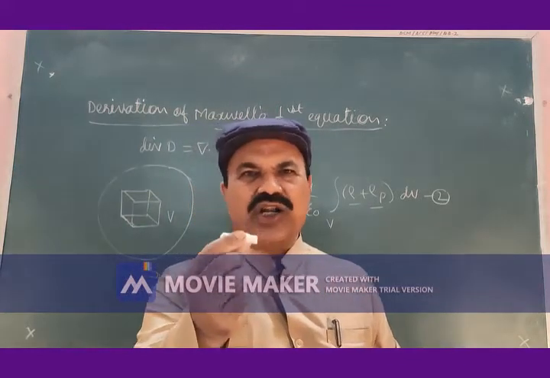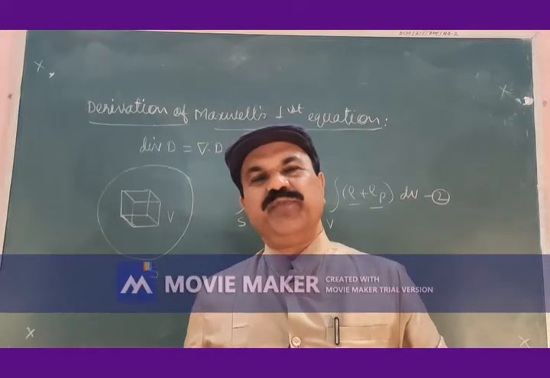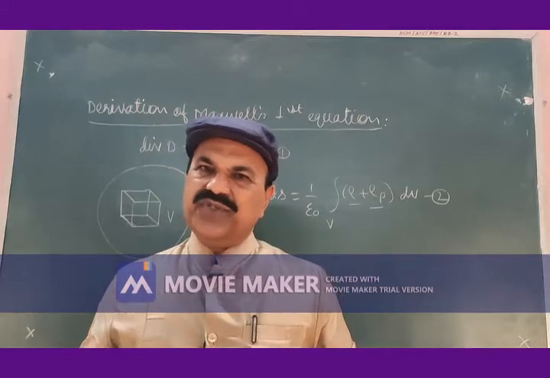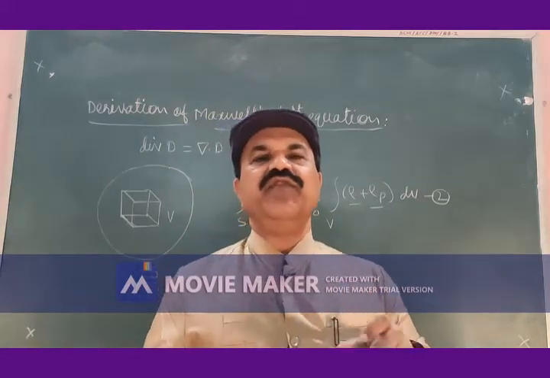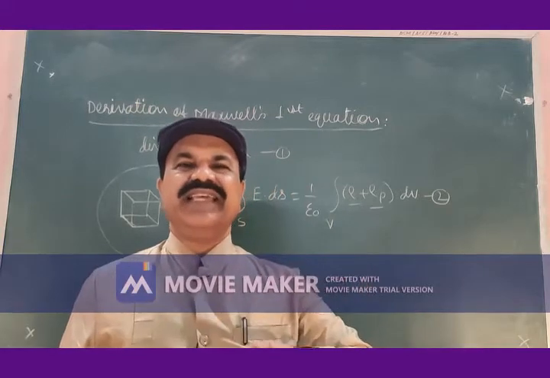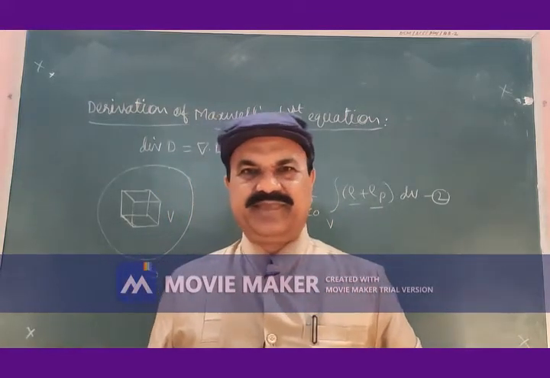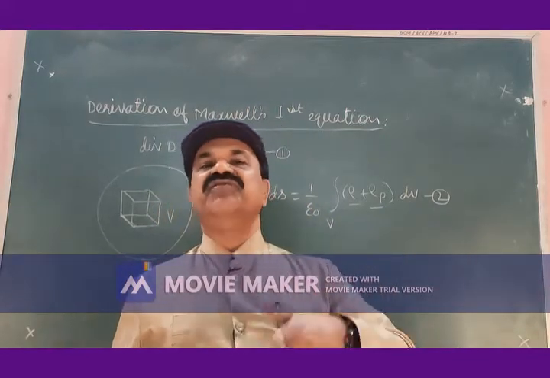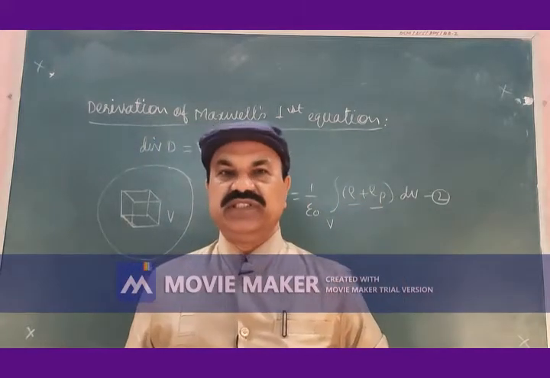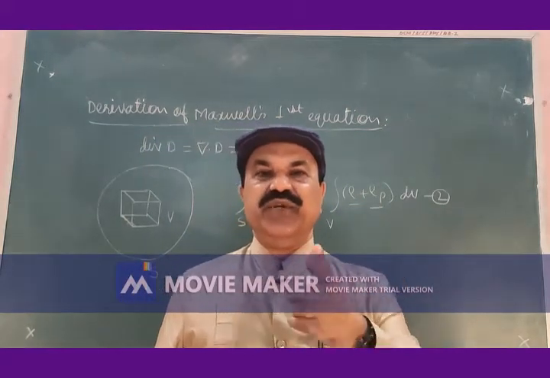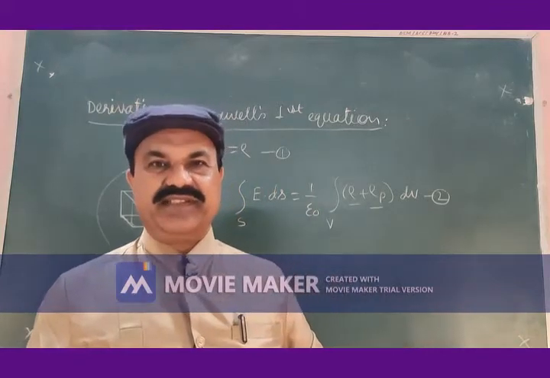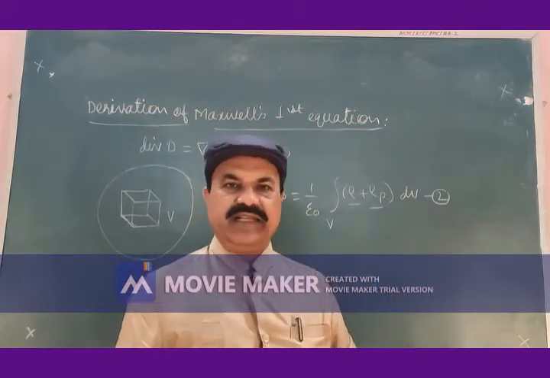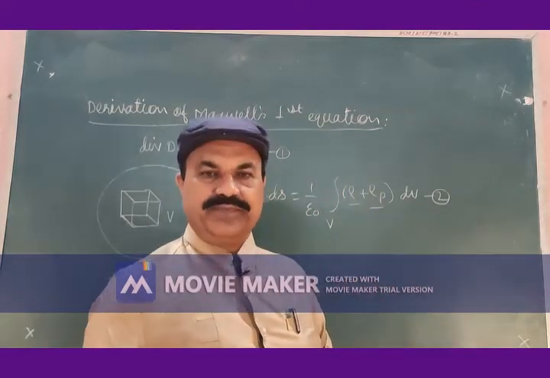Dielectric material is non-conducting material, and therefore if you provide energy to such dielectric materials by using any external agency, a very small number of electrons from the valence shell get free. They are very few in number, and the number of such electrons per unit volume will be rho. That is the charge density due to free charge carriers, that is, due to free electrons present in the dielectric material. Let us come to rho p.